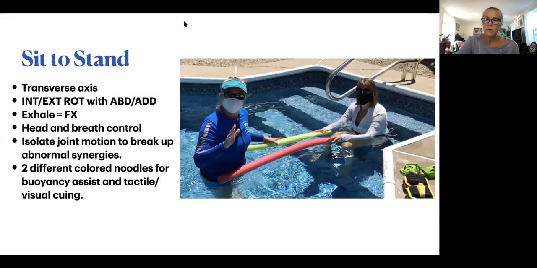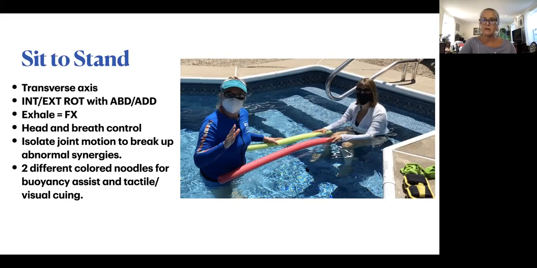Now, this is where I use the magic with a lot of the neuro clients who are working on strategies for sit to stand. And that's why I showed you the ball earlier and the wedge. And I might even use the weights on the shoulder at the very beginning, just teaching somebody internal rotation and external rotation.